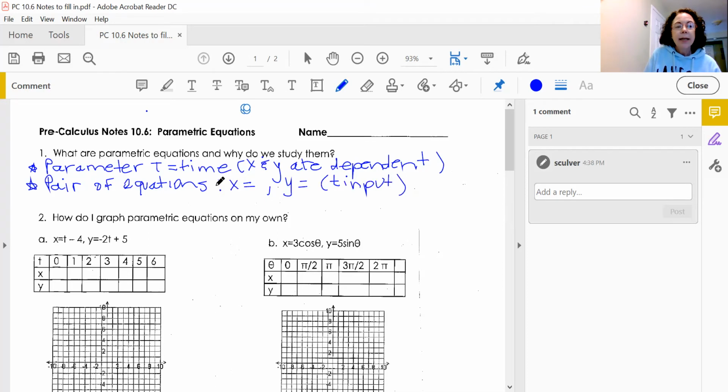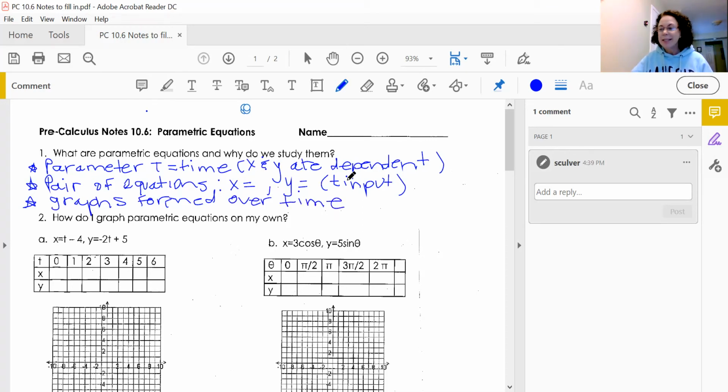Again, we study them because many of our conic sections, equations, or graphs are formed over time. We do study parametric equations and polar in Calculus 2, and this is pre-calculus, so it doesn't just relate to Calculus 1, but to Calculus 2 also.